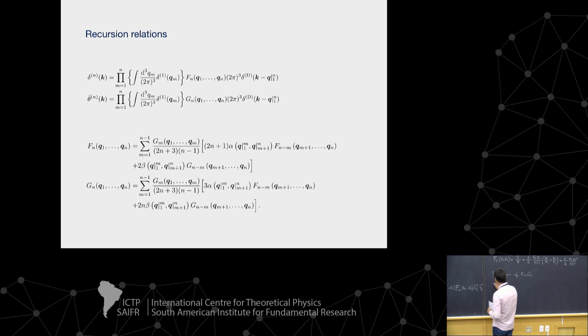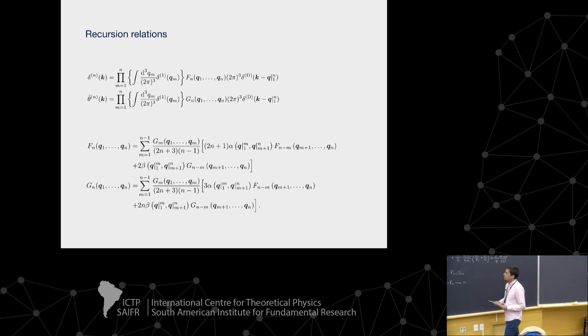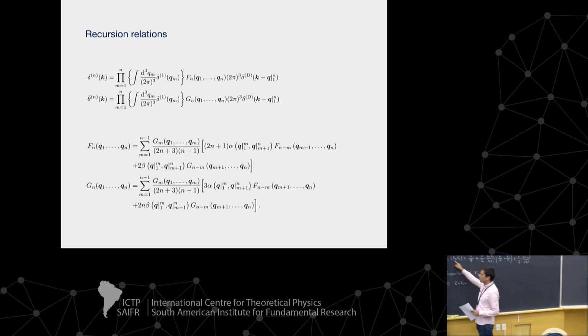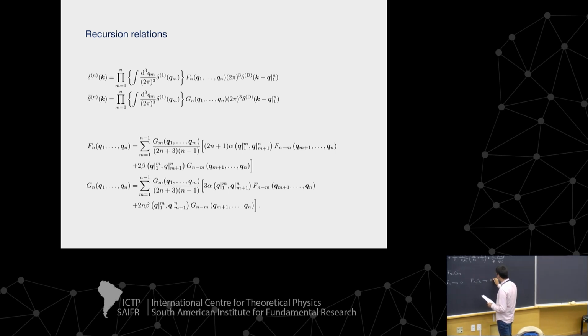So first, if you send k, which is basically k1 plus kn, if you send this to 0, so in this example, it will be if you send k1 plus k2 to 0, what happens is that Fn and Gn, they go like k squared.